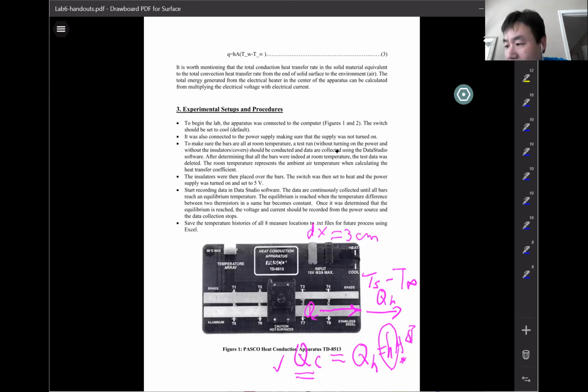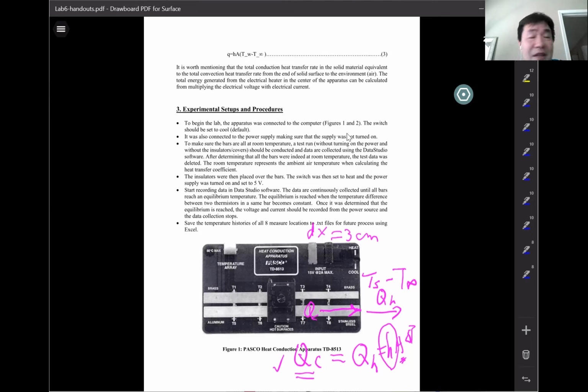So after you find the h out, I want you to verify the h to the literature data. You have a lot of online resources to tell you what is the convection heat transfer coefficient at a certain temperature, under different wind speed. Okay, so that wind speed here is pretty low. You can assume it's still air in the experiment.